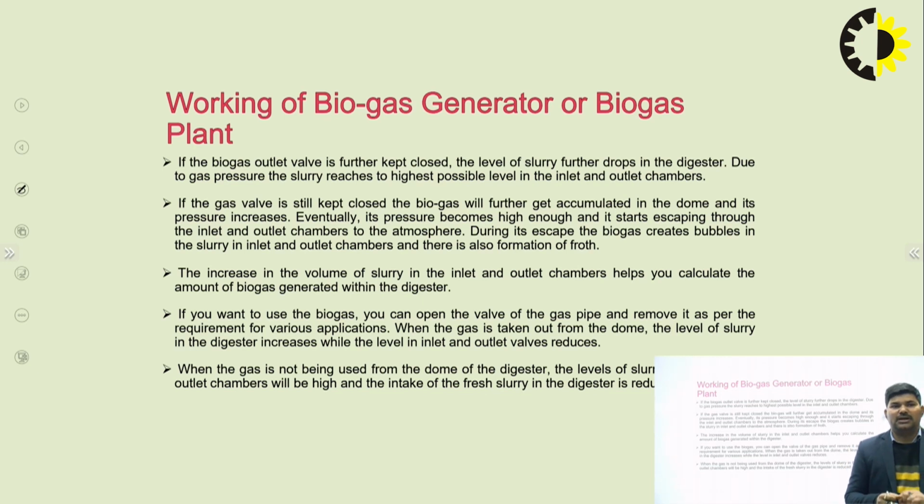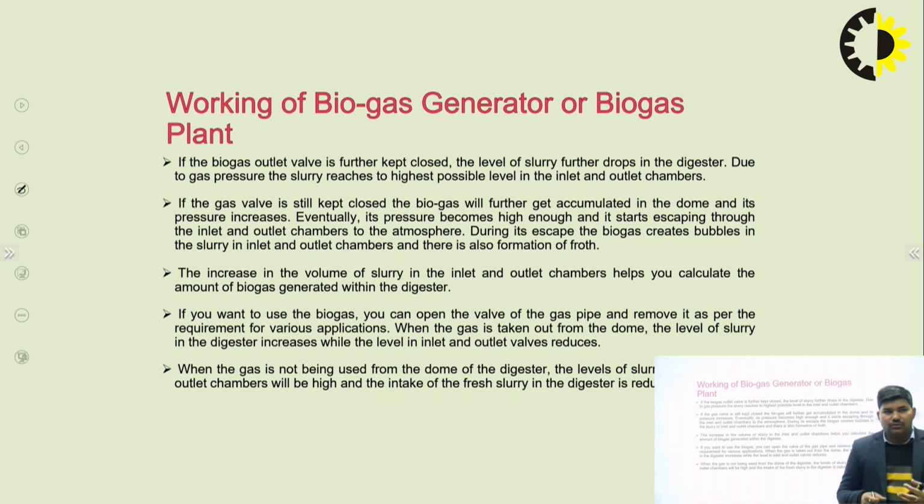During this escape, the biogas creates bubbles in the slurry in the inlet and outlet chamber, and there is also formation of froth. So the increase in the volume of the slurry at the inlet and outlet chamber helps you calculate the amount of biogas within the digester.